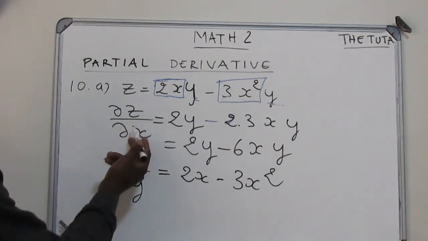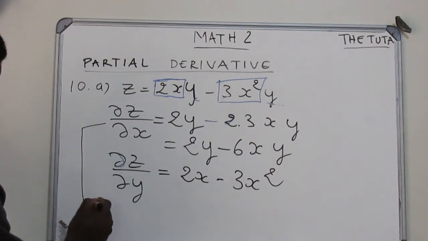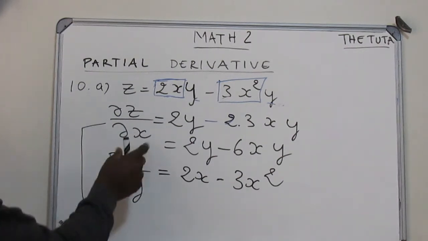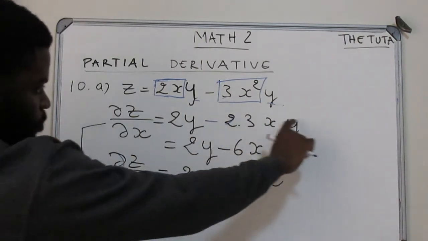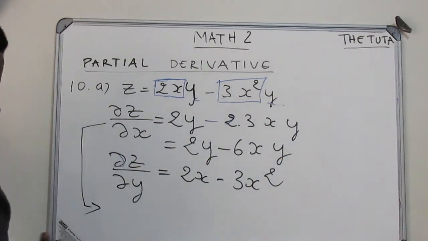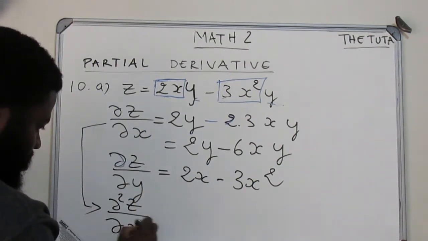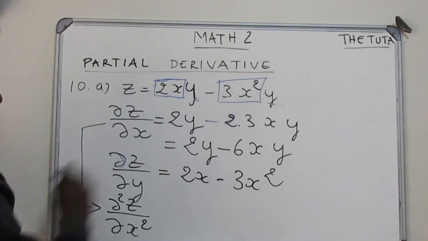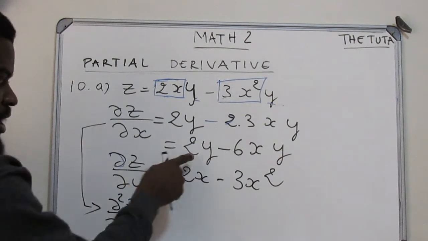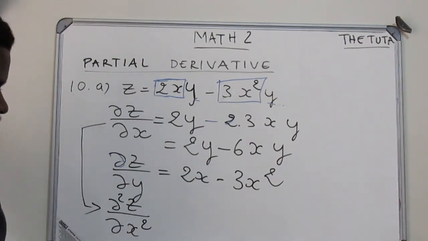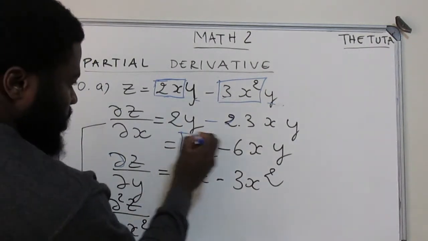Okay, guys, now for the second partial derivative, you see we just found the first partial derivative of z with respect to x and with respect to y. For the second partial derivative, if they ask us to find with respect to x, we take what we found here, the first partial with respect to x, and we derive it again. And we regard y as our constant still. Here already this 2y is a constant.